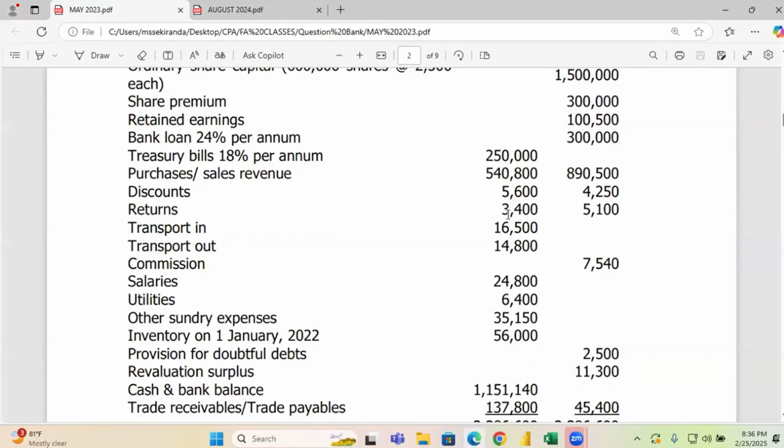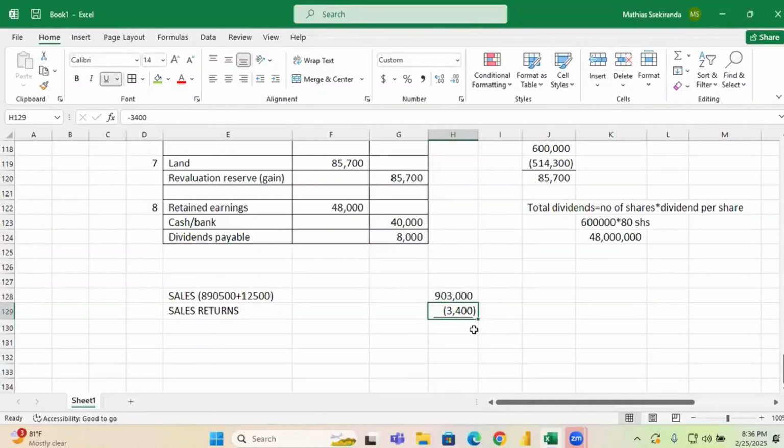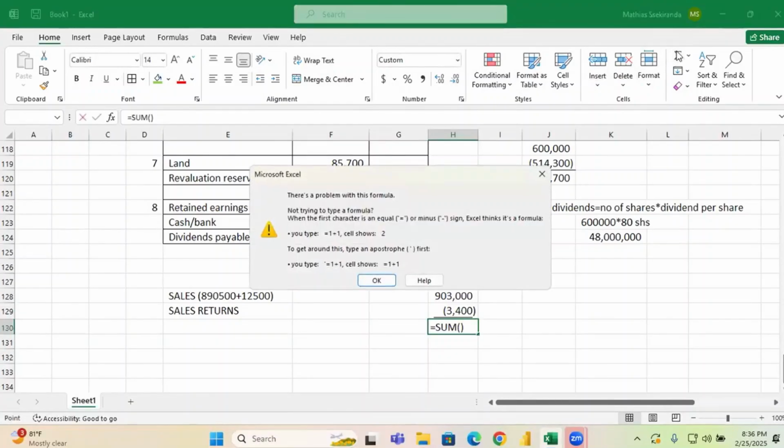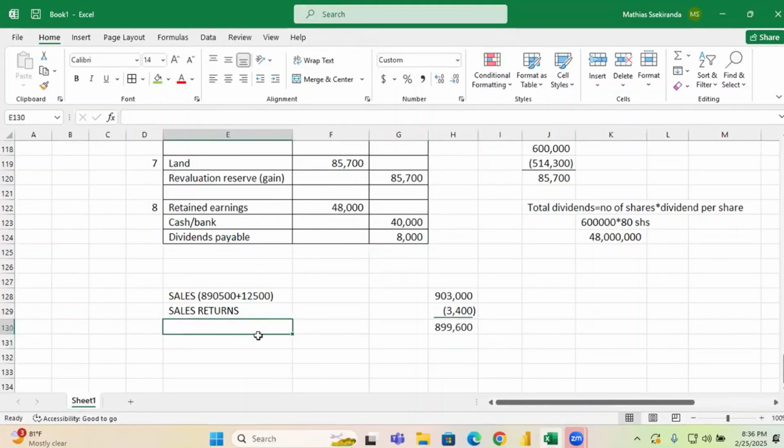We have returns, and sales returns are always debits. So 3,400 is our sales returns. That will give us net sales of those amounts.